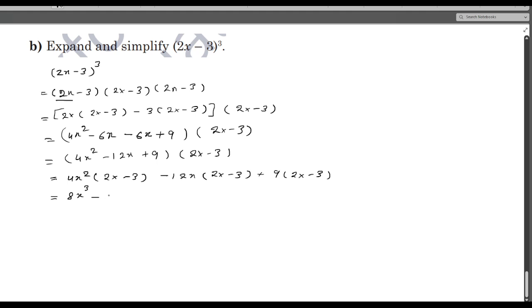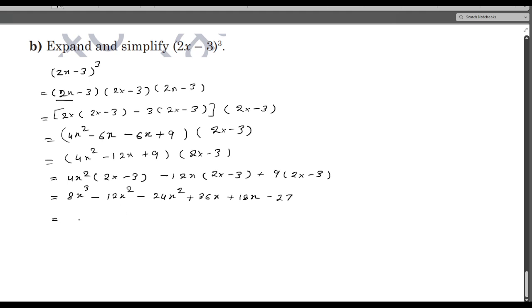Minus 4 times 3 is 12, so it is minus 12x square. Then minus 12x into 2x is minus 24x square. And minus 12x into minus 3 is minus minus plus, it is 36x. And then plus 9 times 2 is 18x. And plus 9 times minus 3 is minus 27.